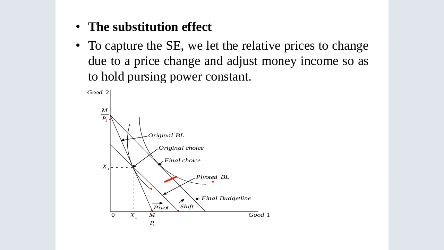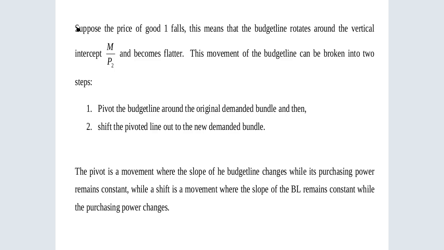If the price of good 1 falls, the budget line simply rotates around the vertical intercept, and it becomes flatter.